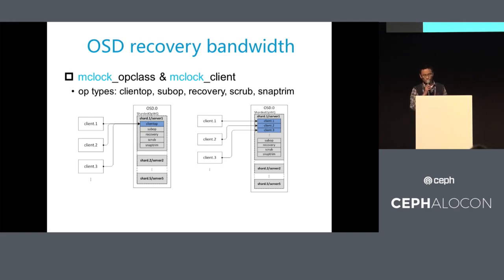Each type has its own QoS parameter. These 2 queues are the sharded OP work queue type. They have multi-sharded queues. Each of them works as a standalone service. So the OP will be processed independently in each service queue. That's why the 2 queues are still named after mClock, but dmClock.